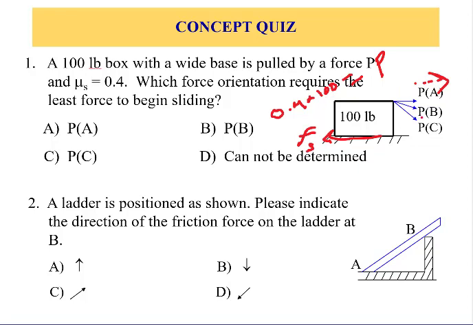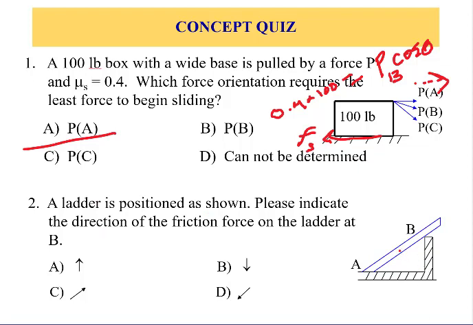If we choose a force within an angle, then we have to add a cosine of the angle. So choosing B, for example, gives us 0.4 times 100 over the cosine of that angle, which means you need a higher magnitude. Therefore the least force required to start this object moving is the one that has a zero angle. So the answer is A.